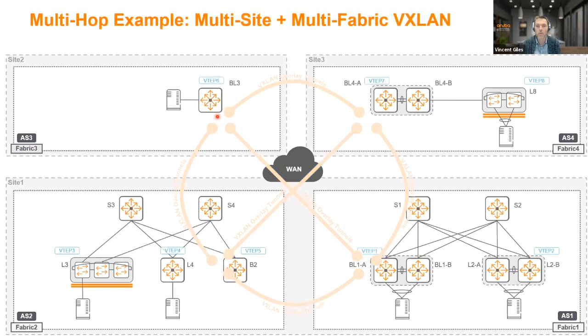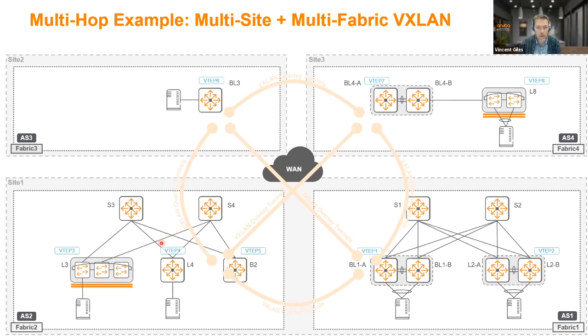Let's dive a little bit more into what it means in terms of equipment and topology. In Fabric 1, I've got VTEP 1, which would be a border, which is a VSX cluster. We have another top of rack VSX pair, which is VTEP 2 as a logical VTEP. Then you have spine 1 and spine 2. So that is Fabric 1.